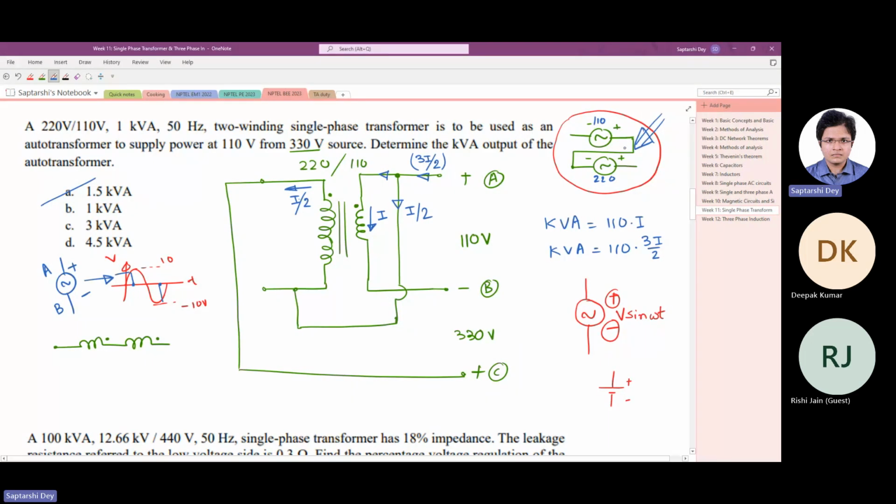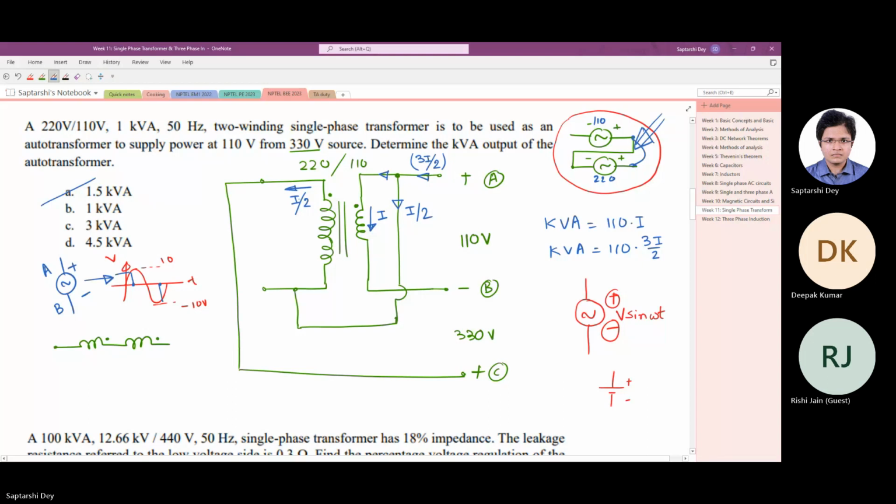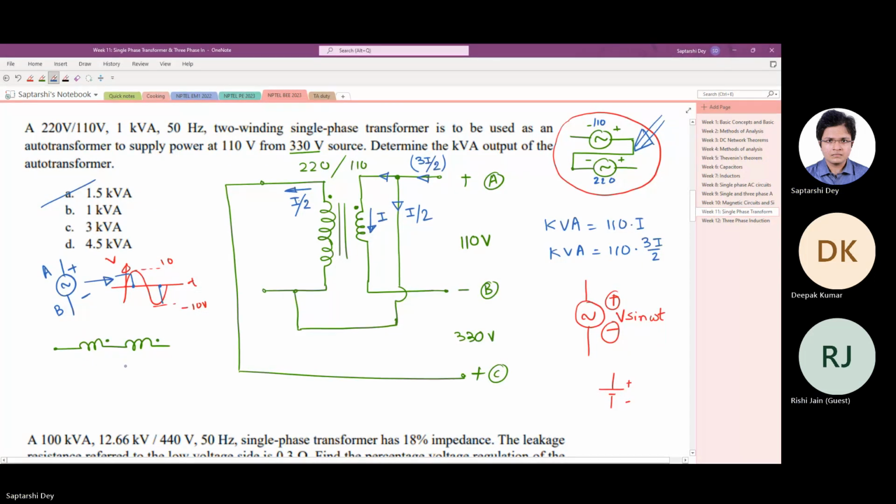Do you understand that the connection has to be made like this if I want 330 volt? I cannot connect this terminal to this terminal. Clear? Could you understand? Yes, sir. Okay.